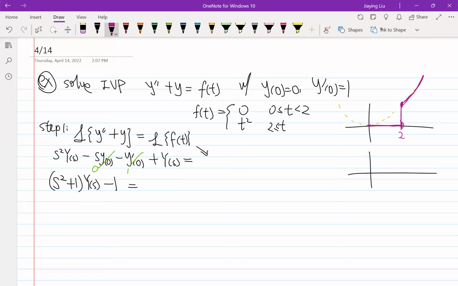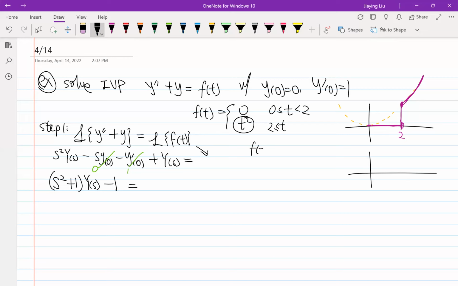Okay, so we want to find the Laplace transform, but at the beginning, we're going to have to take the f of t and find the Heaviside function expression for it, and then take the Laplace transform. So what I did is factor out anything that's non-zero. t squared is non-zero, so we can factor it out.